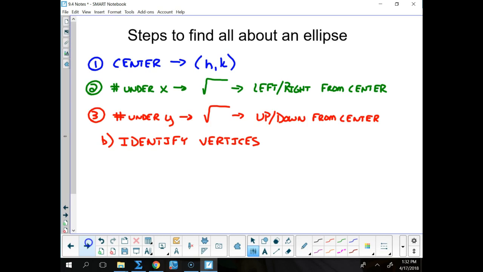Step 4, you're just going to draw it, which means you're really going to graph it. Okay? So you're going to fill it in, I should say is a better one.